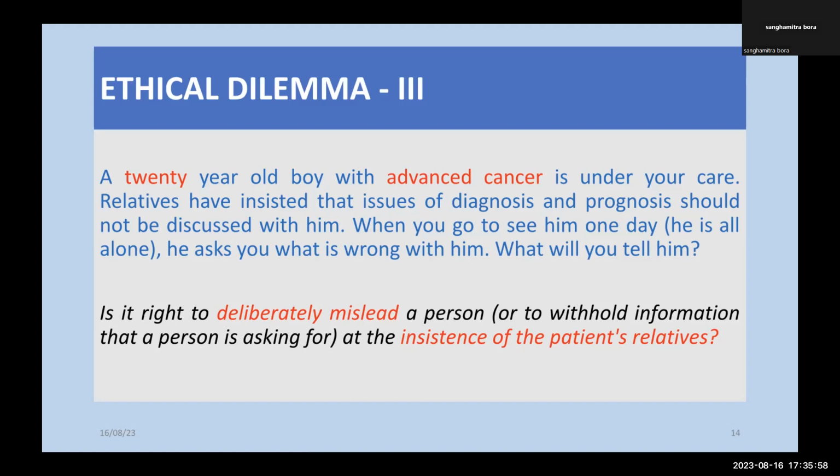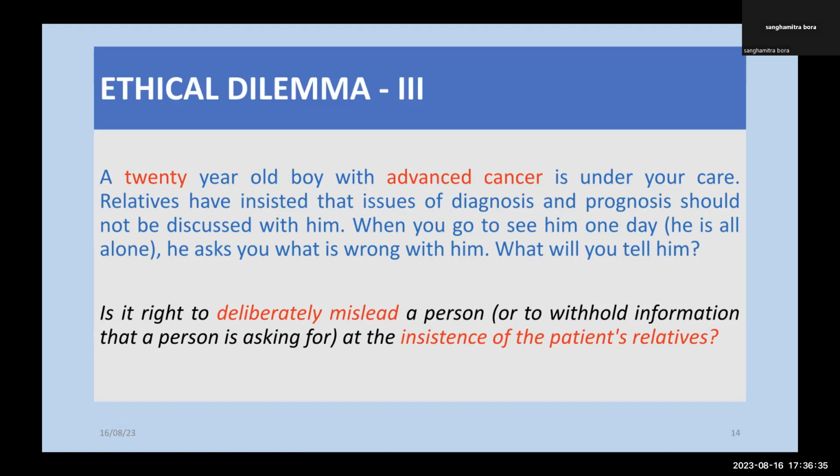So much of your communication skills come into play when you are revealing somebody's diagnosis and prognosis. Okay. And on the other way around, if you also try to talk it out with the patient's relatives, you might as well find out that the only thing that they want is their patient should not be hurt by any kind of bad news. Okay. And they might not appreciate the fact that the patient already knows, because see, a 20-year-old boy is already an adult.